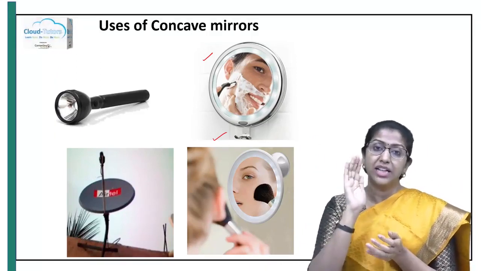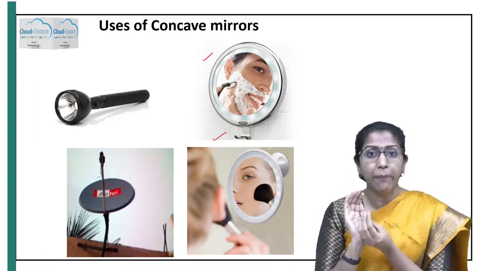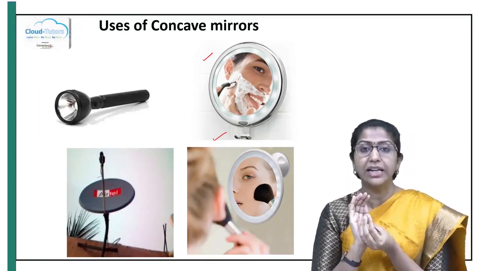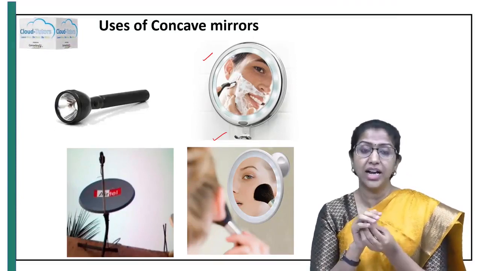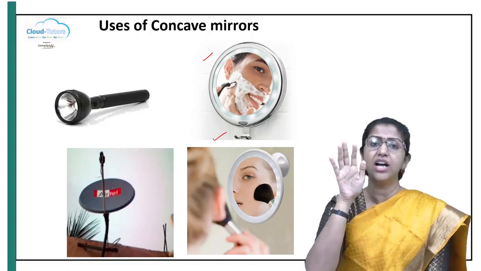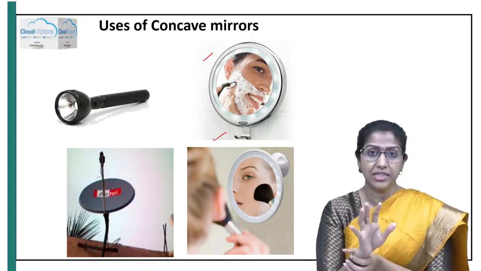That's because there is a concave mirror fit into the torch light, and the bulb that is used to illuminate it is kept at the focus of the concave mirror, so that you get a very enlarged real and inverted image at quite a far distance from it.